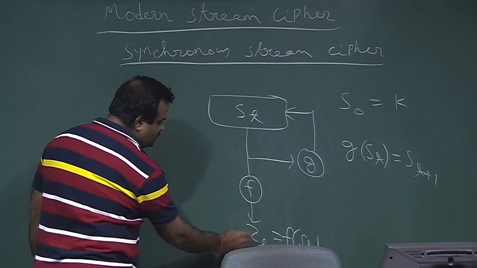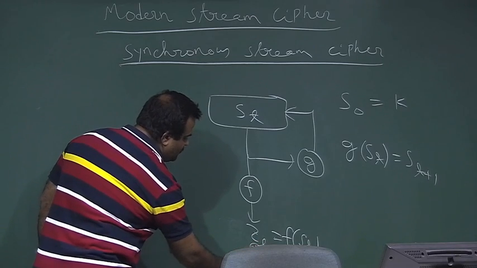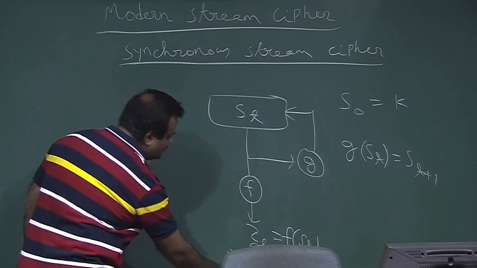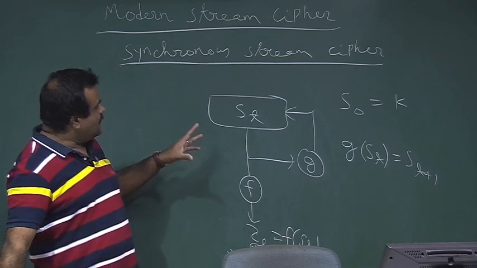This key stream is XORed with the plaintext bit PT, and we get the ciphertext bit CT within the clock.